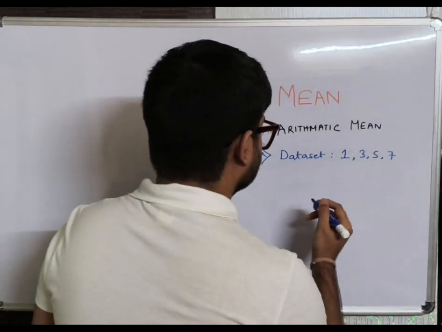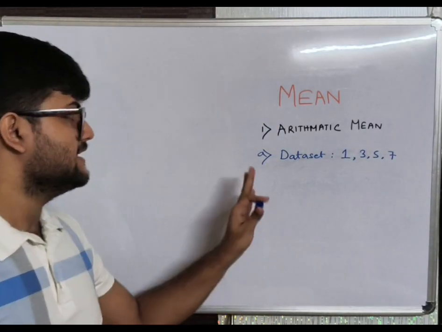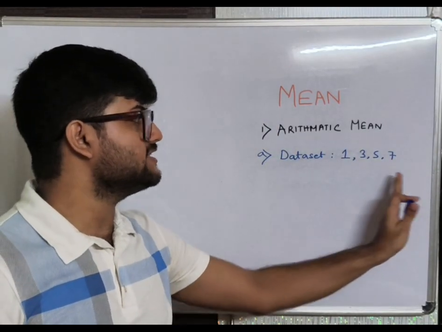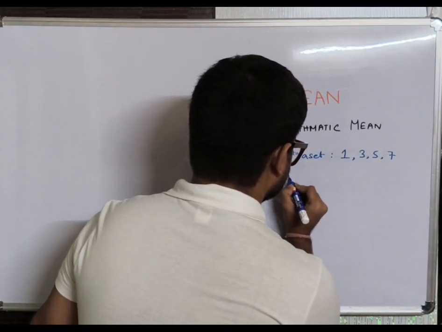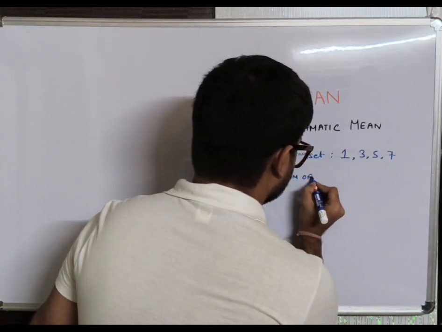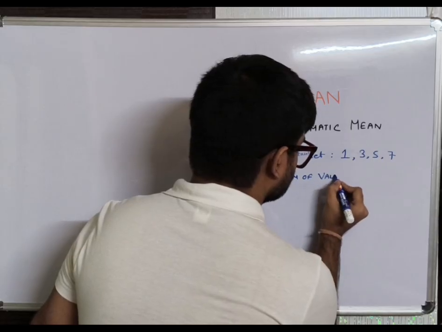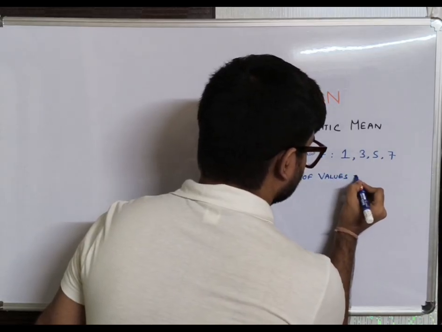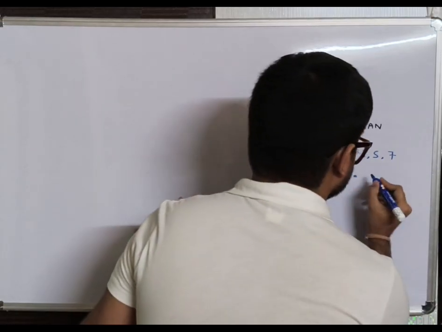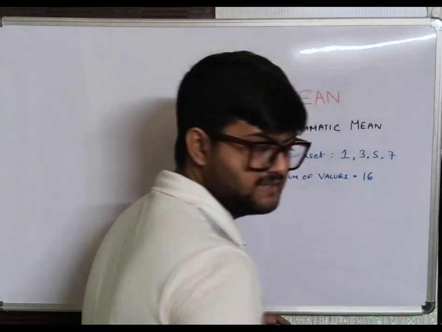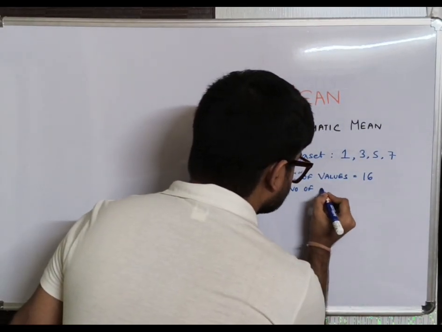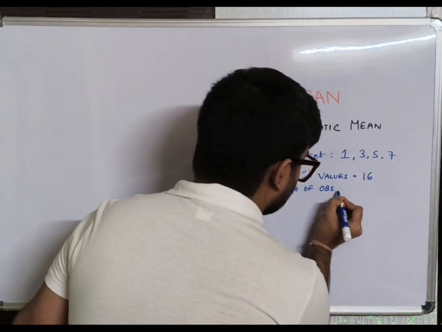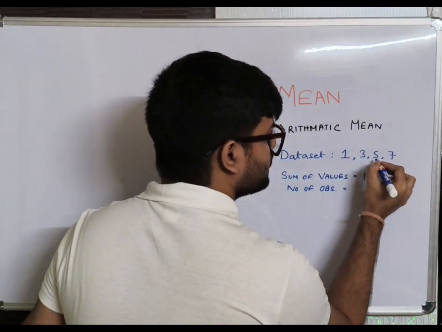So first of all, what we need to do is the sum, that is we need to add all these values. The sum of values would be 16, and the number of observations is 1, 2, 3, 4.